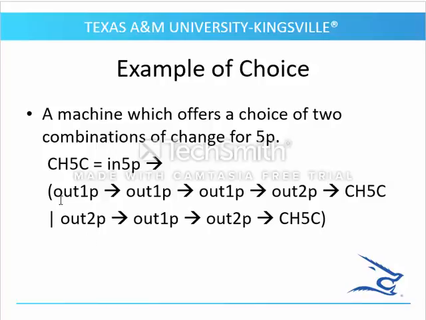So it's going to be like change for 5: inserting a 5 penny, out 1 penny, out 1 penny, out 1 penny, and out 2 penny. And the second choice is out 2 penny, out 1 penny, out 2 penny, and so on.